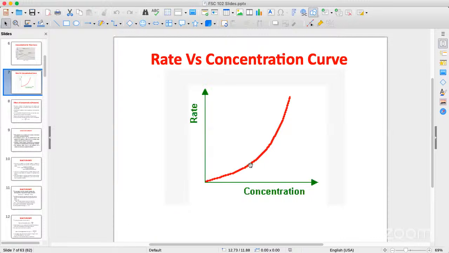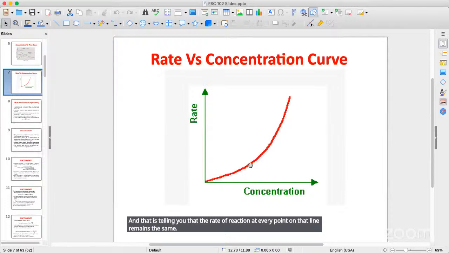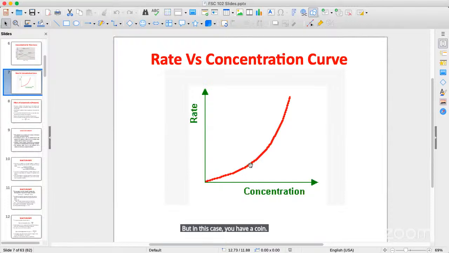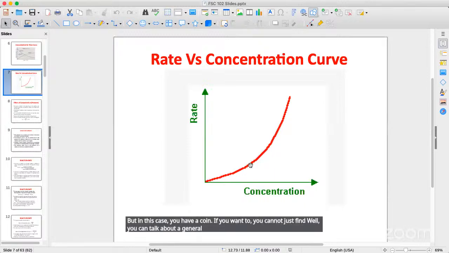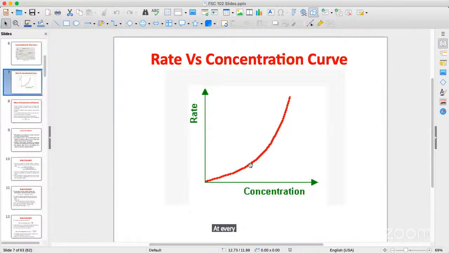And that is telling you that the rate of reaction at every point on that line remains the same. But in this case, you have a curve. You can talk about the general slope, but at every point on this curve, the slopes are going to be different. That is why it's not a straight line. That's why it's a curve.